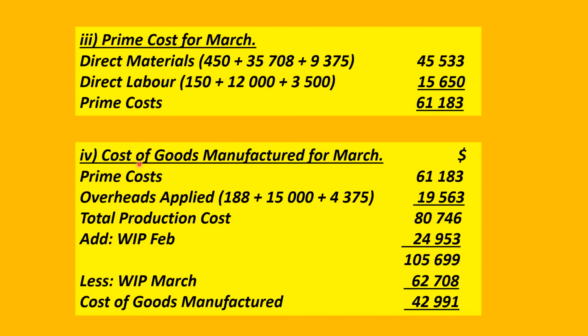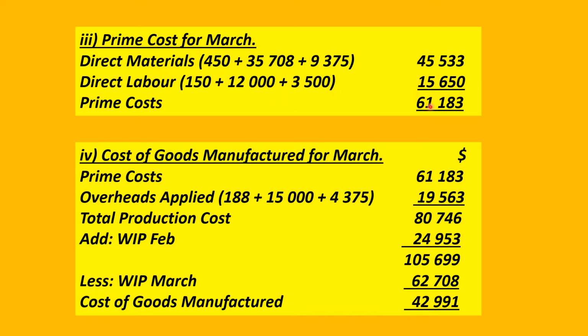The cost of goods manufactured, we take the prime cost, and we calculate it up here, add on the overheads, and then we will take the work in process that we just calculated, add it all on the one for February minus the one for March.